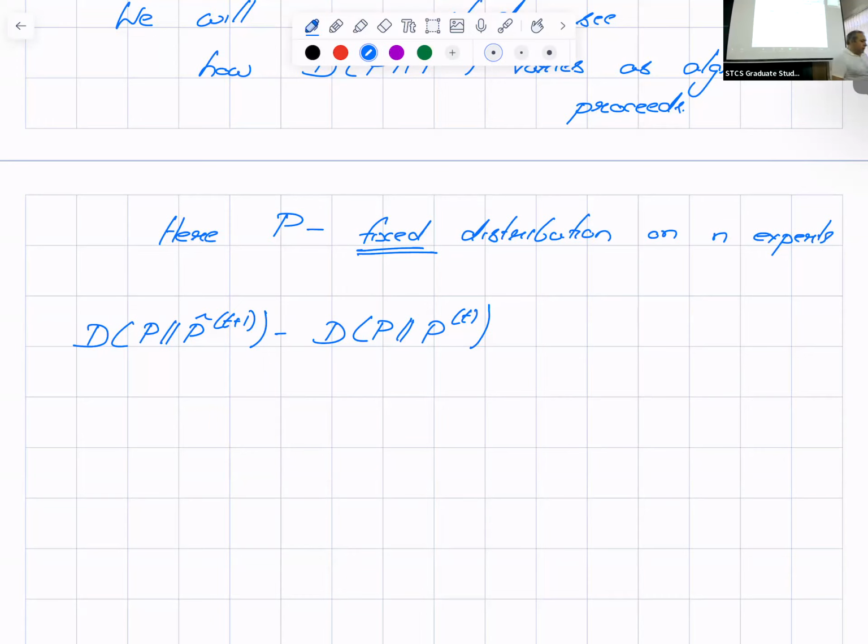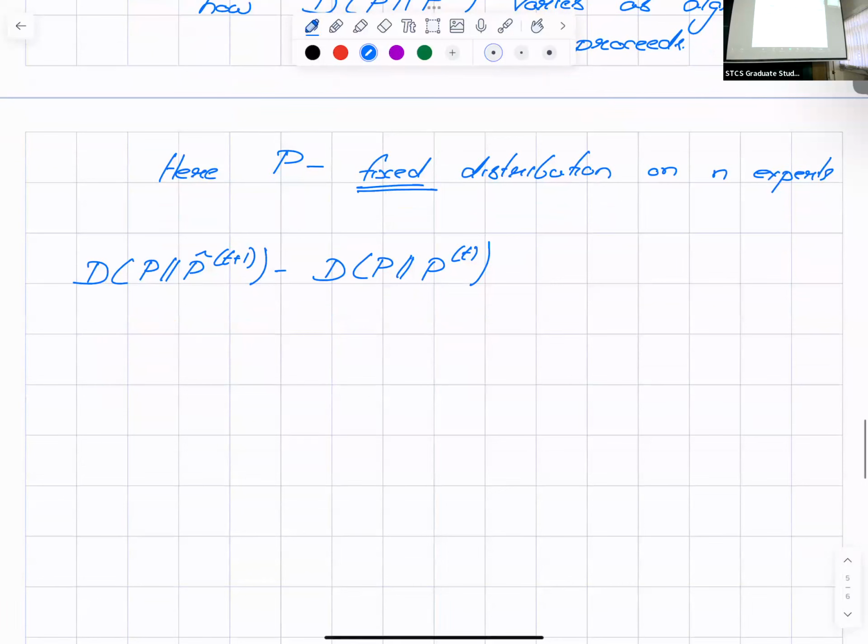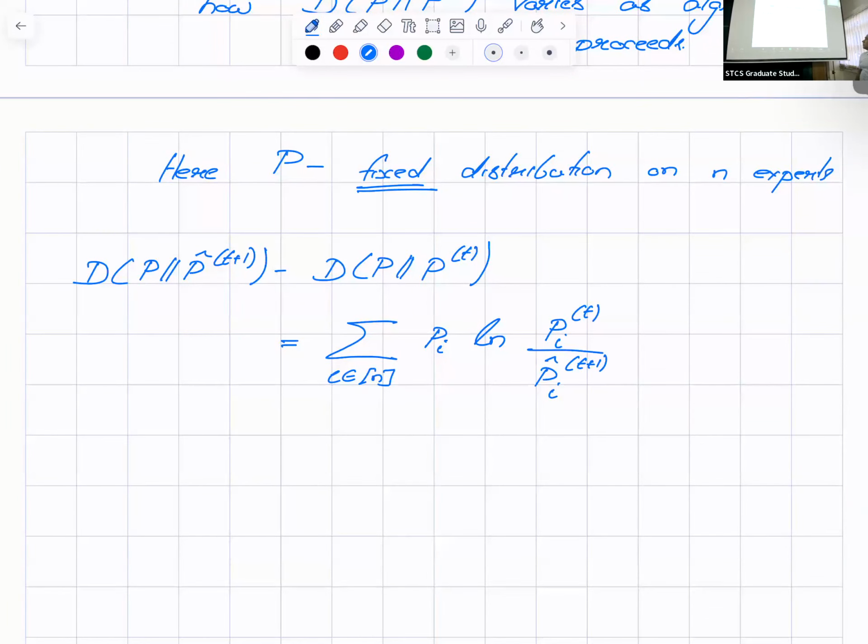So this is just going to be summation I over the experts, Pi ln, what will it be? It will be PTI by P hat T plus 1 I. Is that right? Or I have to have it the other way around? That is right.